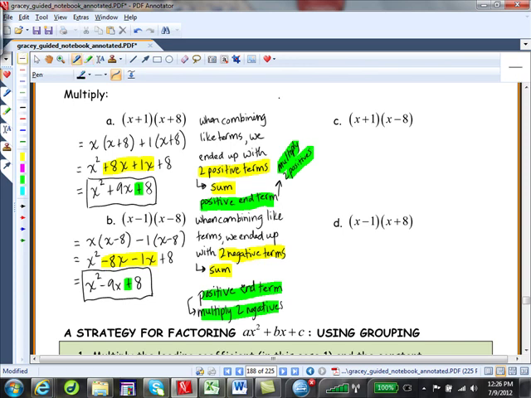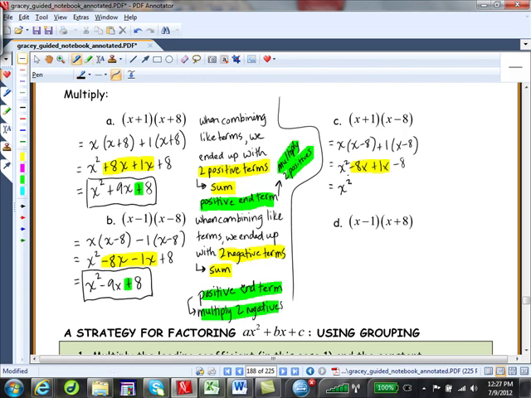Now let's go over here. Here's a different situation. We will get x times x minus 8 plus 1 times x minus 8, which yields x squared minus 8x plus 1x minus 8. When combining like terms, notice we've got opposing signs.